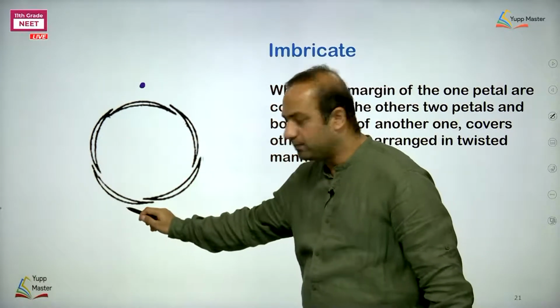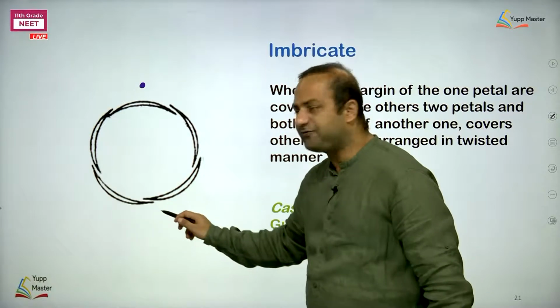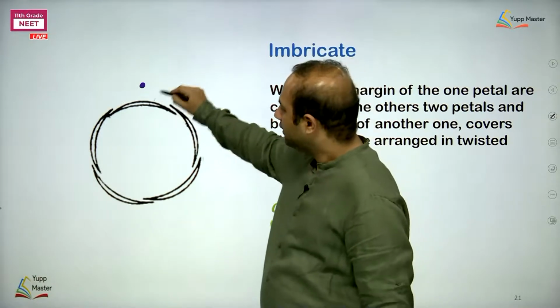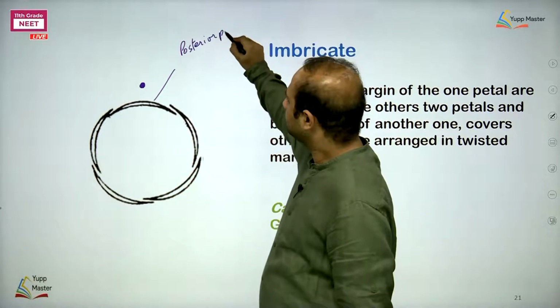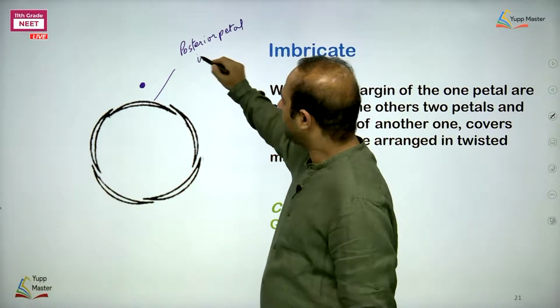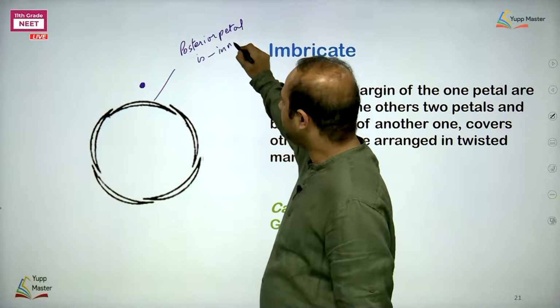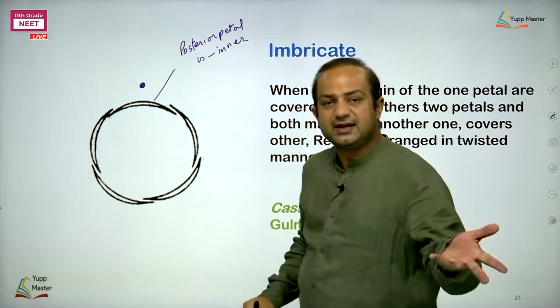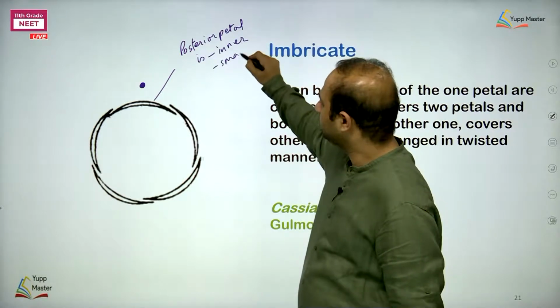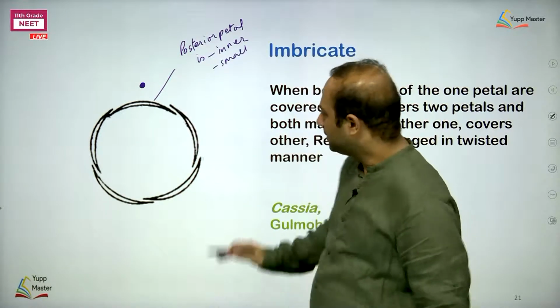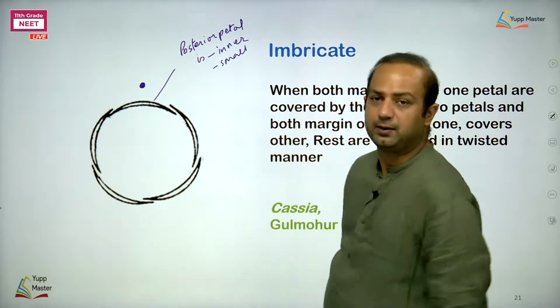And see this one, here both sides are free. So here I am saying the posterior petal is inner, right? Why is it inner? As compared to the sizes, being small, among all it is smaller, right?